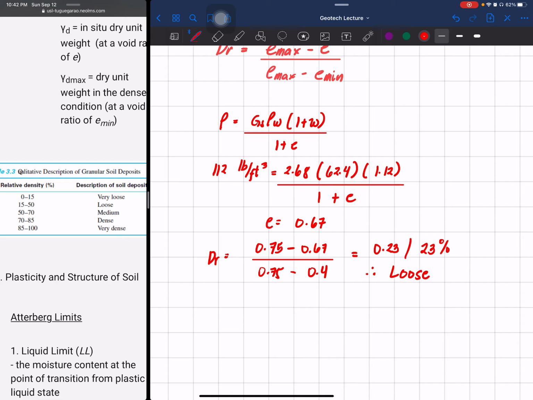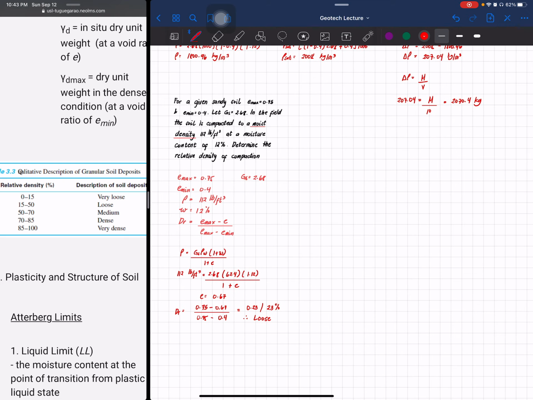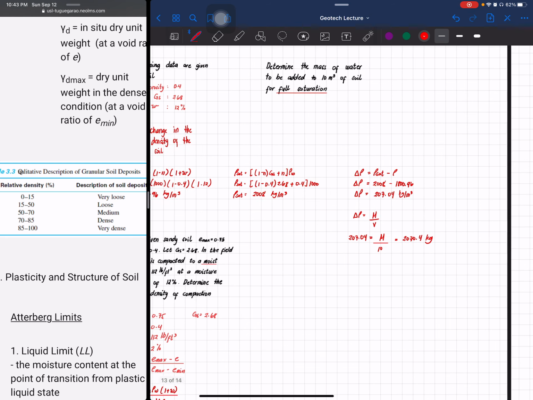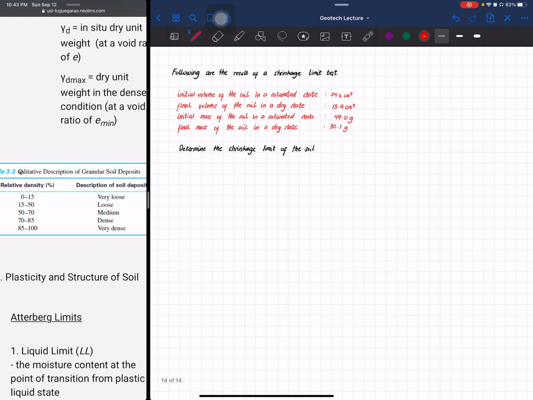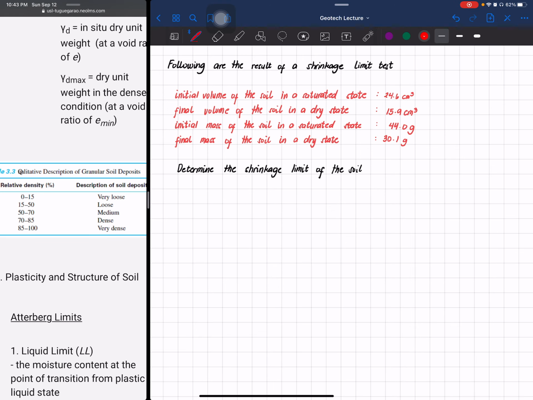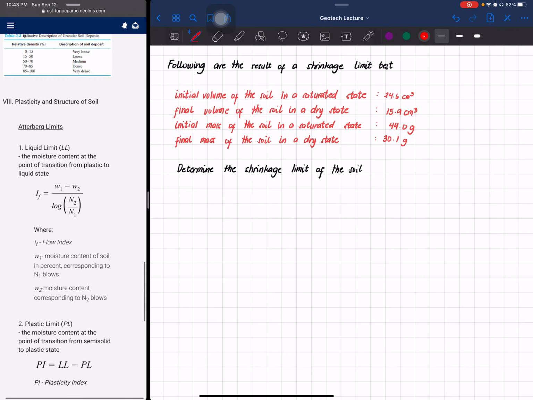So, yung 23 is between 15 to 50. Okay? So, that is now your example number 3. Okay? Madali lang naman yung example number 3. Next thing that we're going to solve now is ito. Okay? So, example number 4 for this topic.